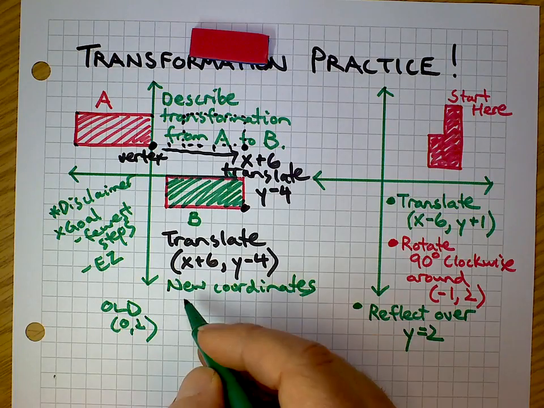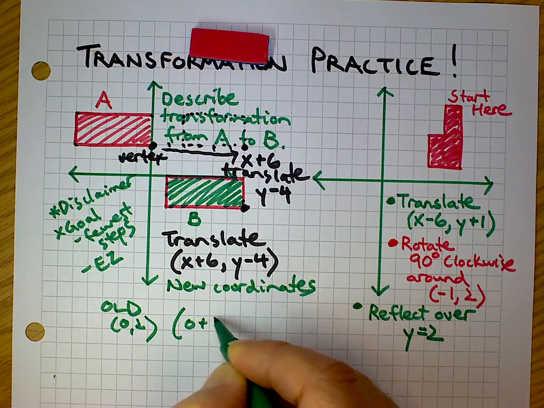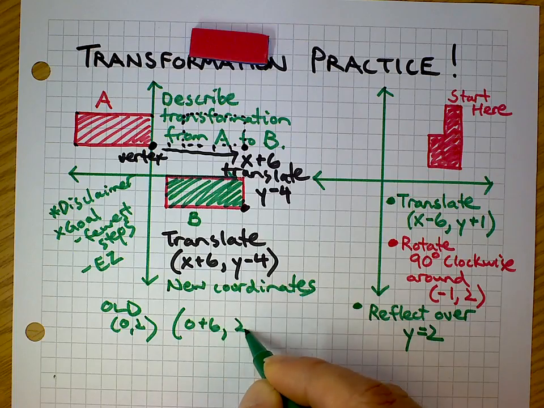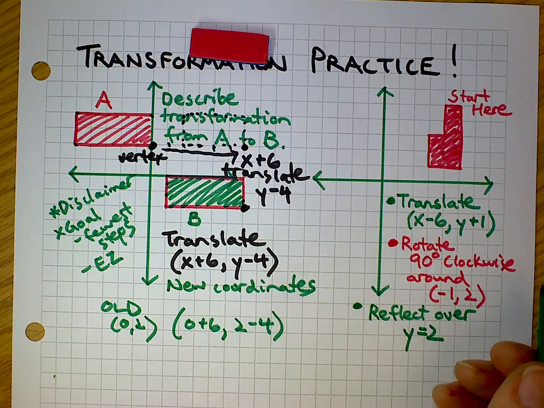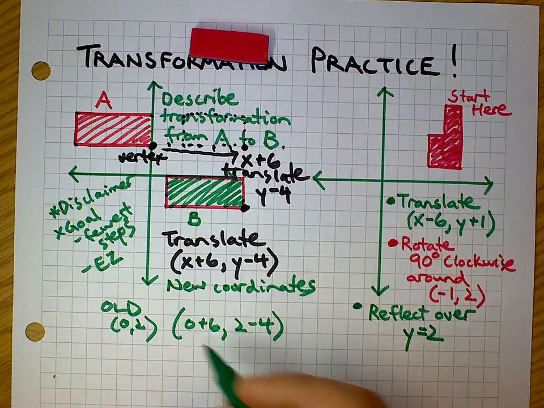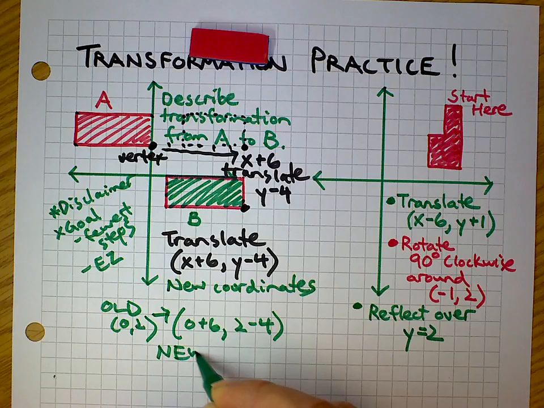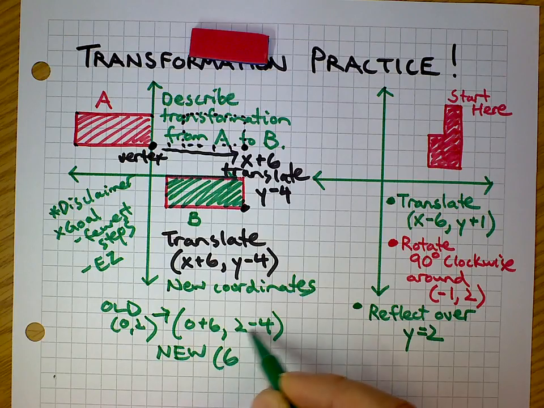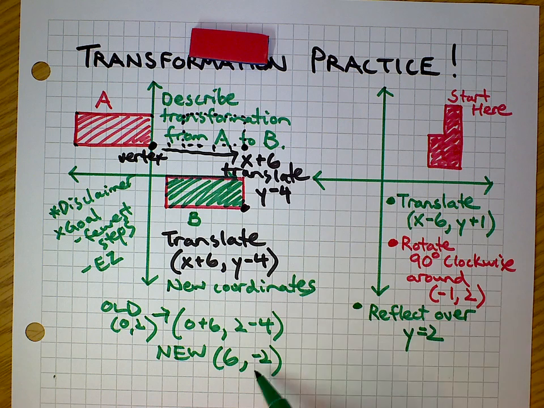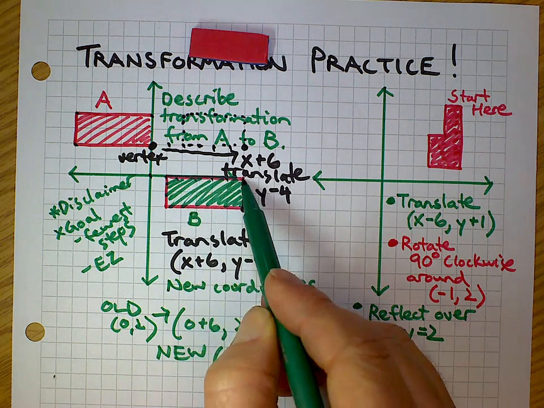So if I translate 0 plus 6 and 2 minus 4, that gives me the new coordinates. I don't even have to try to count this and figure it out. Okay, 0 plus 6 is 6, and 2 minus 4 is negative 2. Right? And we could check that from the origin, 1, 2, 3, 4, 5, 6, and negative 2.